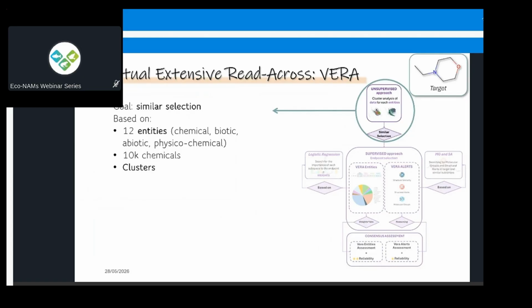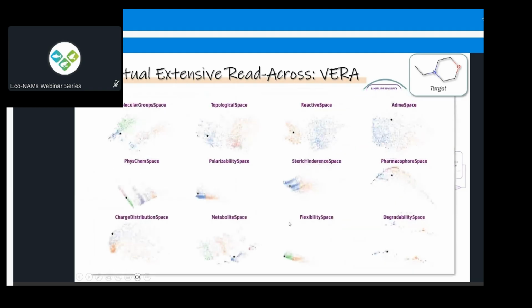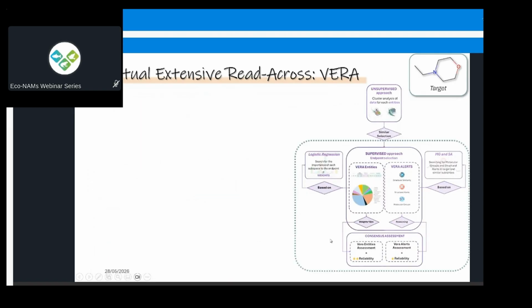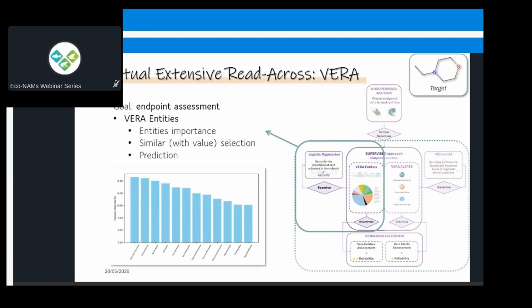These chemicals are divided into 2 or more clusters for each entity, and VERA projects the target chemical, represented by the black star, in these 12 so-called subspecies. In this way, a pool of possible similar substances is created, on which VERA starts the supervised approach.